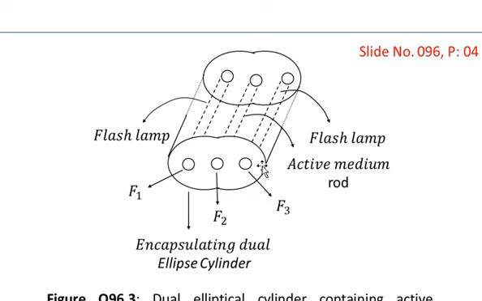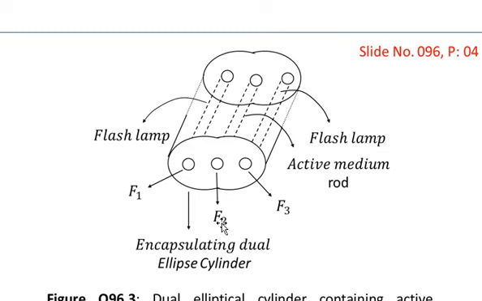So this geometry contains two elliptical cylinders joined together, such that it has three foci labeled F1, F2, and F3, where the F2 focal point is the common focal point for F1 and F3. That is, F2 can be regarded as the common focal point of the dual ellipse cylinder.